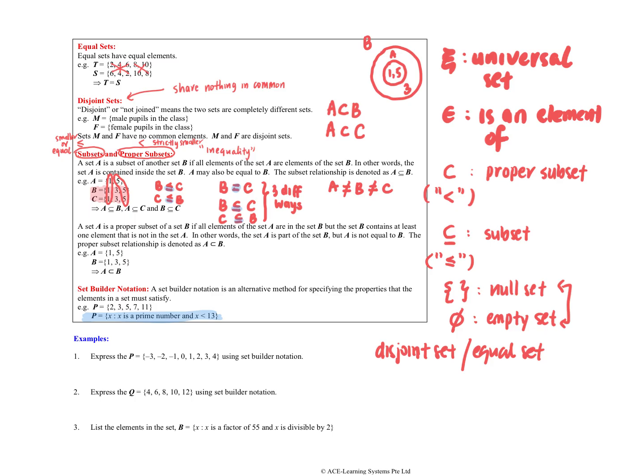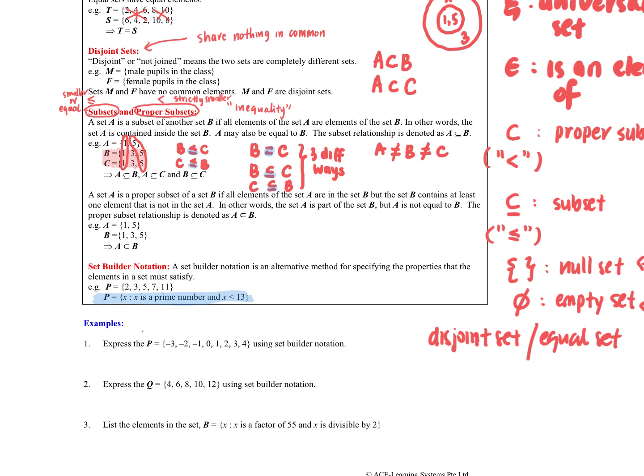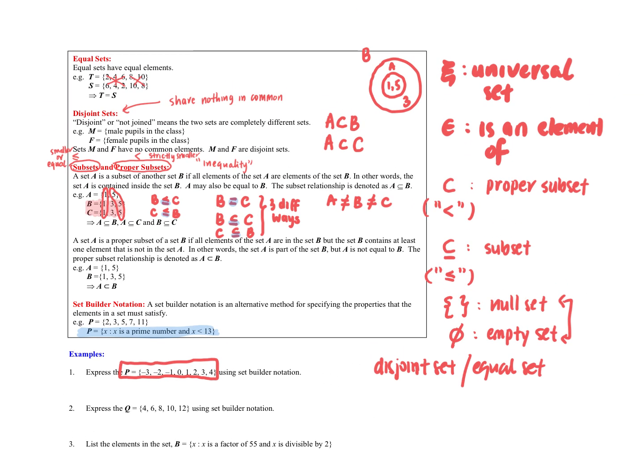Same. Okay? So first thing first, they say, can you define this using a set builder notation? To use set builder notation, we need to first write P equals to, open the bracket, all the element X, and then you start to define them.